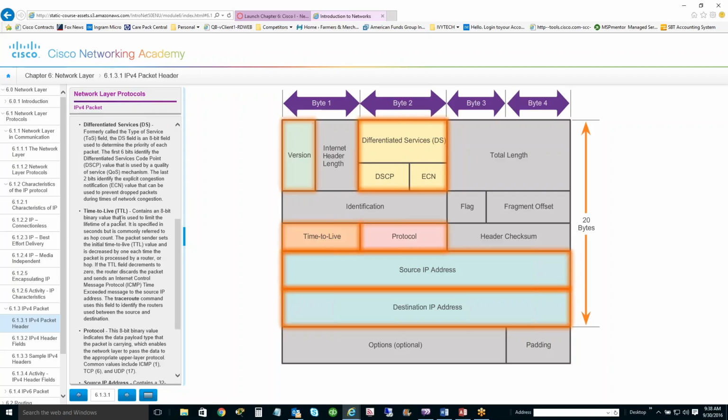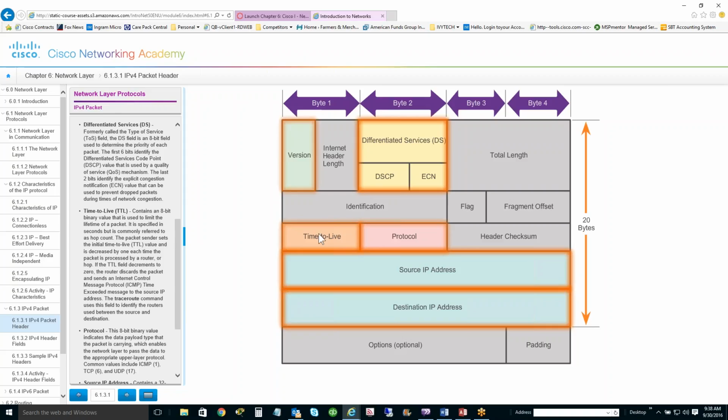The time to live is an important 8-bit binary value that limits the lifetime of a packet. Basically, every time it hits a particular network device, that's considered a hop, where that packet is being routed.